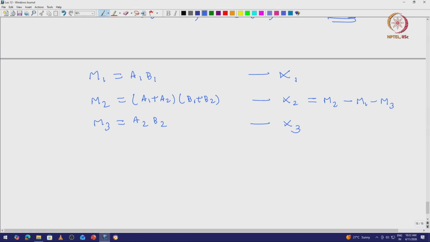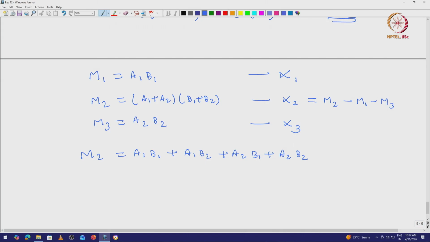So you can see that M2 is equal to A1 B1 plus A1 B2 plus A2 B1 plus A2 B2.